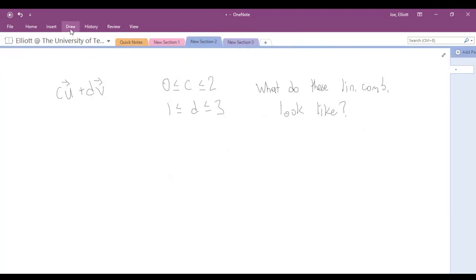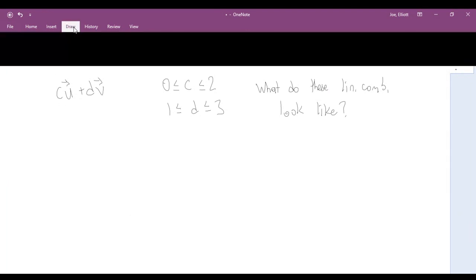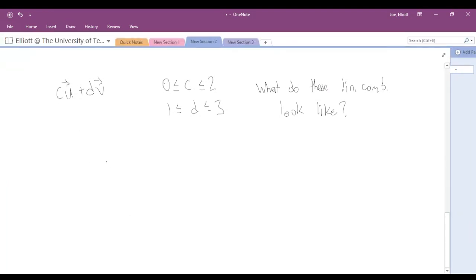Okay, so I'm going to draw a picture of that. Okay, so we had u looking something like this, and v looking something like this. So if c and d are between 0 and 1, that places us inside of this parallelogram.